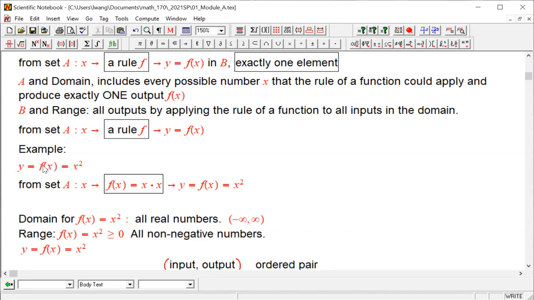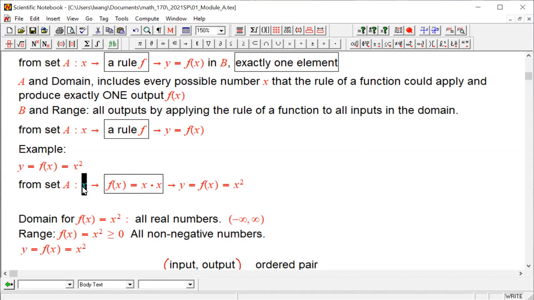In this notation, we indicate the input in the parentheses and the rule, which is f, shorthand notation for function. It basically says the rule is applied to the input and that rule is x times x. If we draw a figure similar to the rule of function that we drew above, from a set A we have the input, and the input will be sent to have the rule applied, and that rule is going to be x times itself.